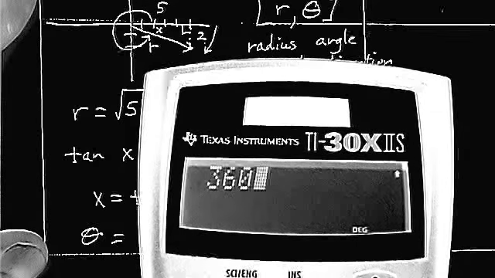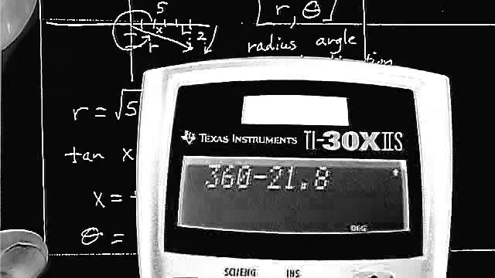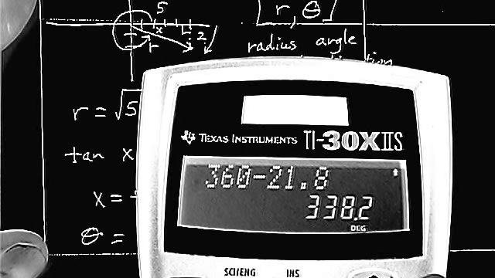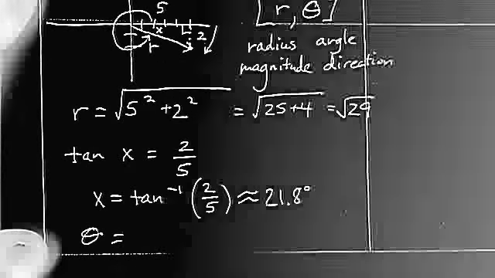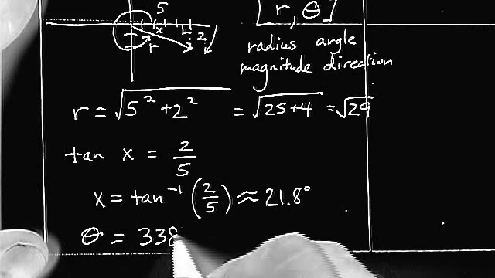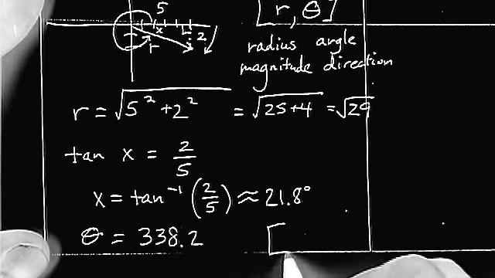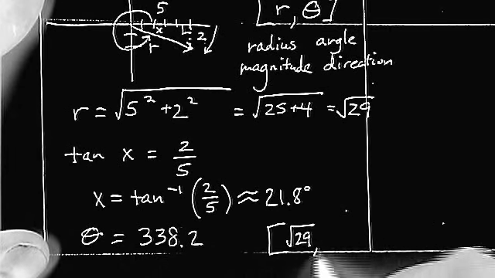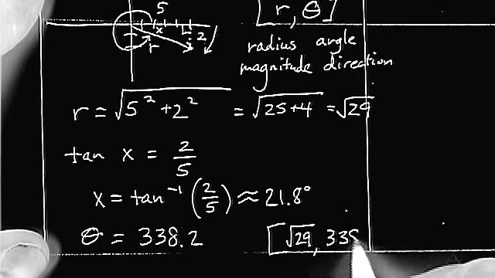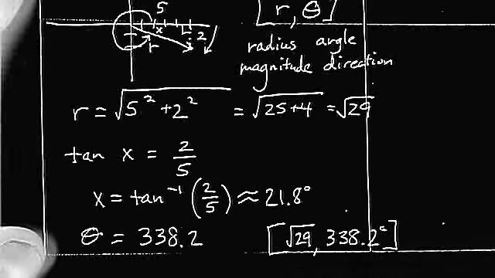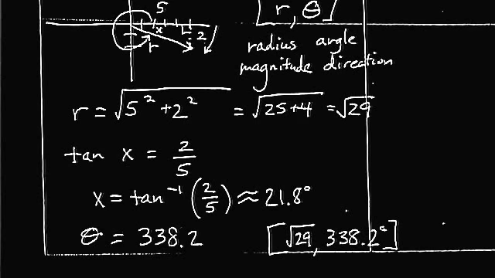So 360 minus 21.8 gives me 338.2. So that's my coordinate, square root 29, comma, 338.2 degrees. Magnitude, direction goes with the idea of a polar coordinate.